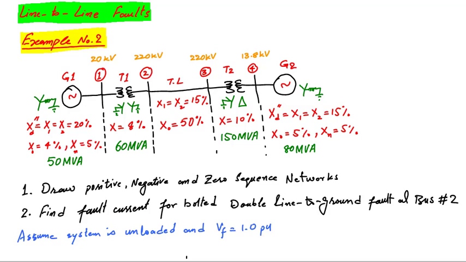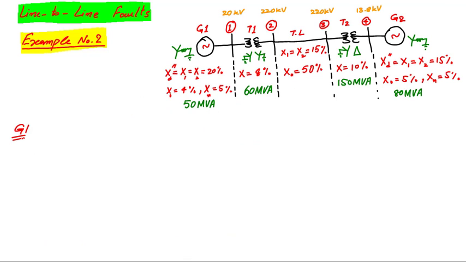The first step is to convert all the reactances of generators and transformers to a common base of 100 MVA and system voltage. For generator G1, the sub-transient reactance of the generator, that was 20%, multiplied by the new base MVA over our old base, that was the power rating of the generator, and the result is j0.4 per unit.